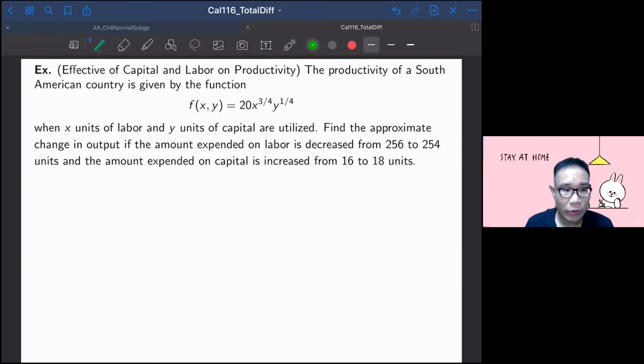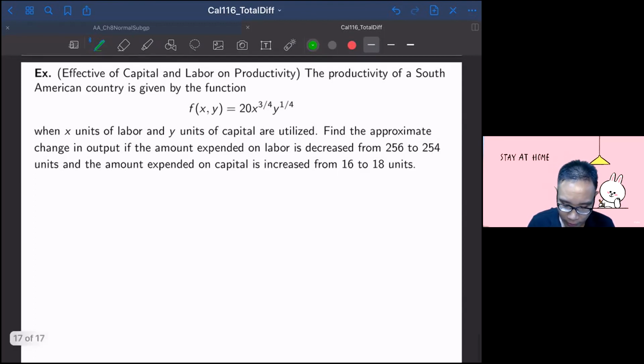When x is the units of labor and y is the units of capital utilized, we'd like to find the approximate change in output if the amount expended on labor is decreased from 256 to 254, and the amount of expended capital is increased from 16 to 18 units. Okay, so for this one, you're going to have f(x,y).